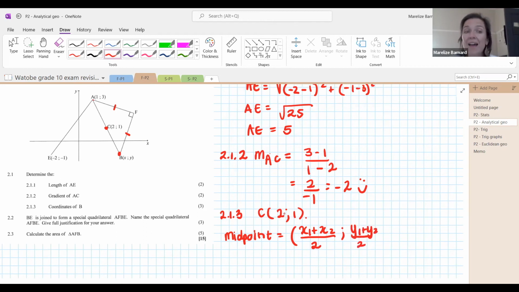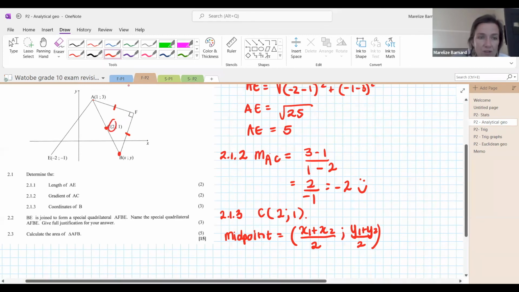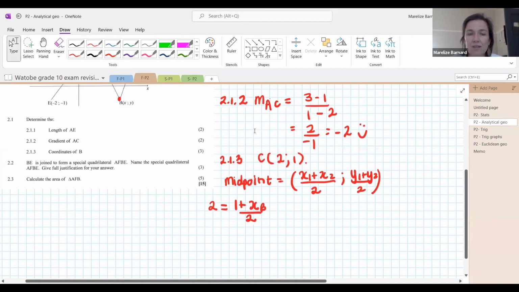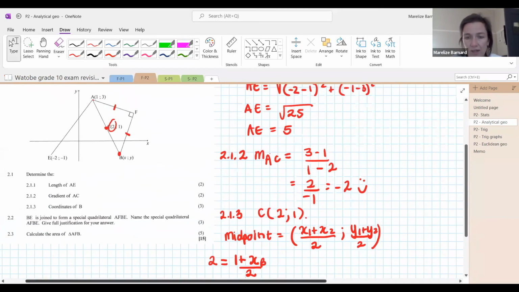But we don't have the x and the y coordinate for B, but that's not a problem. We can substitute what we have and then make an equation. If we take the x coordinate of our midpoint, that's 2. So we know what that midpoint coordinate is. We have the x coordinate at A, so we can add that to our x coordinate at B and solve for it that way. And then follow the same logic.